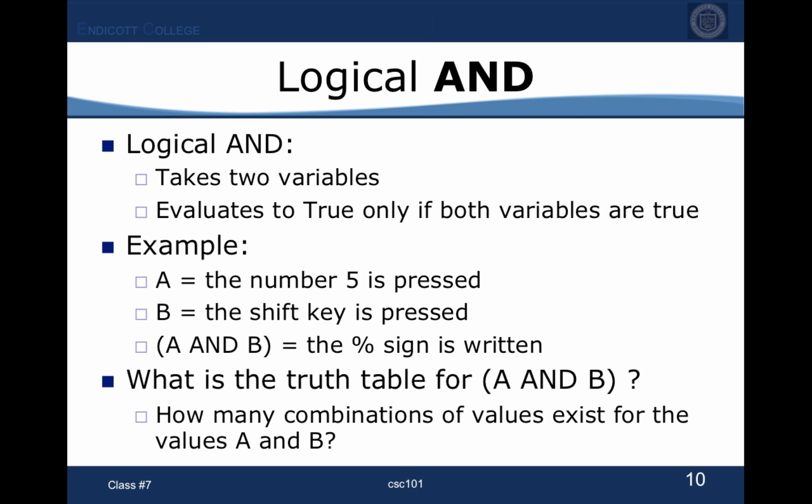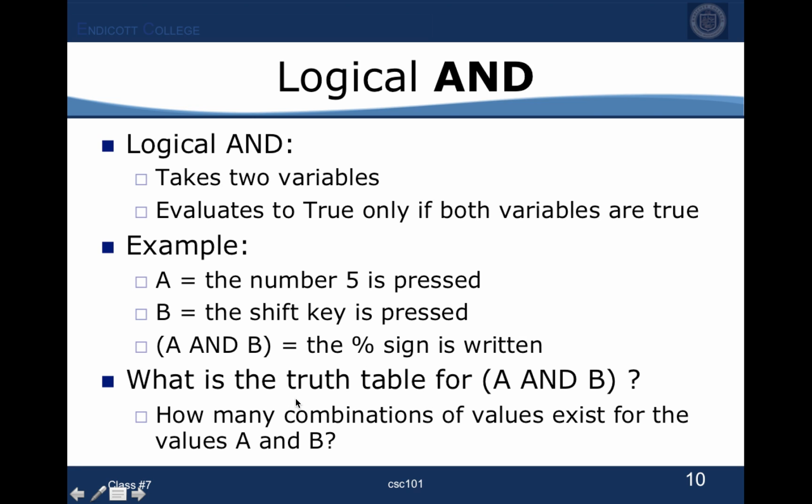The logical circuit for knowing when to do the percent sign is when A and B are both true. Namely, I've hit the 5 button and the shift key at the same time. That's my trigger to do the percent sign right now.